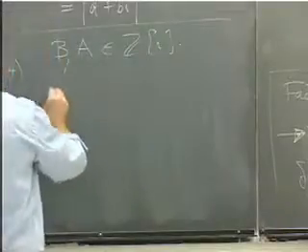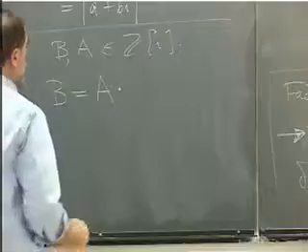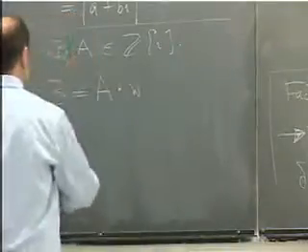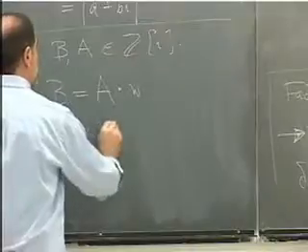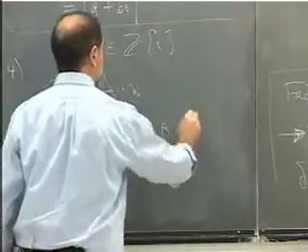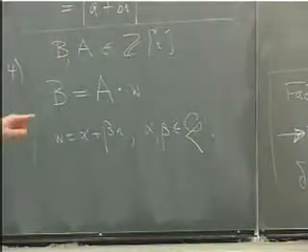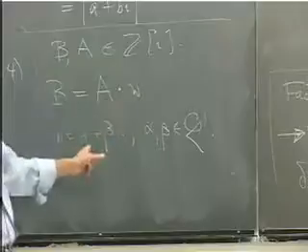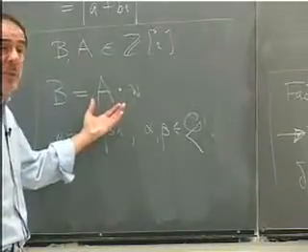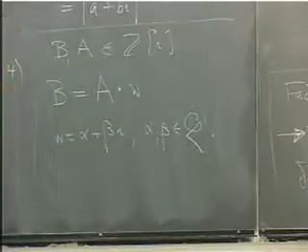And we can write B as A times some w, where w is of the form alpha plus beta i, and alpha and beta are rational numbers. Well, all you have to do is see that you can divide A into B and get an expression like this. You can clearly do it in the complex numbers, and you have to see that alpha and beta are actually rational numbers.